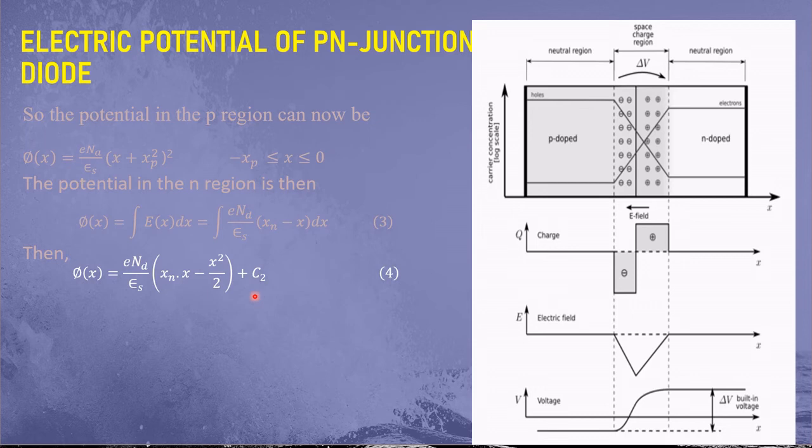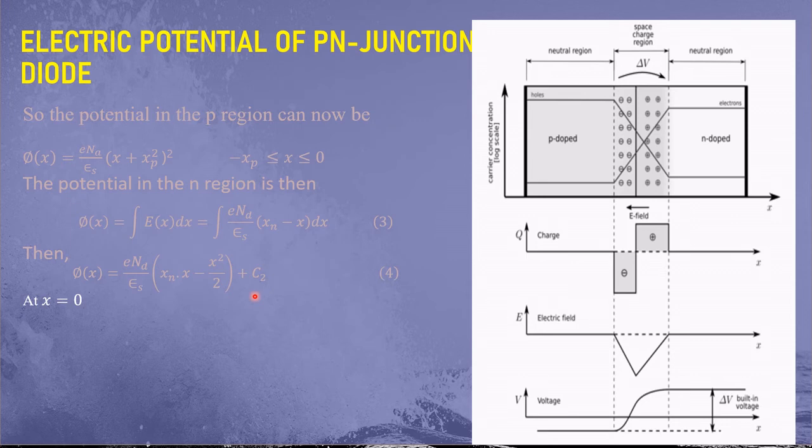The potential is a continuous function, so at the junction region, or the metallurgical junction region, at x equal to 0, we get the integration constant value.